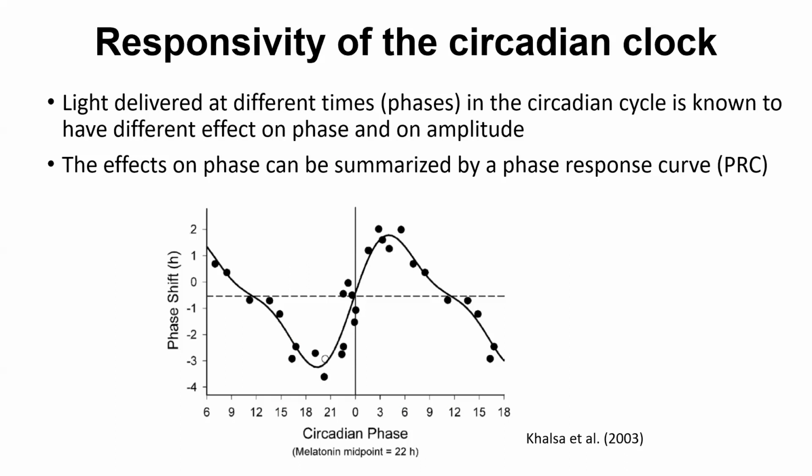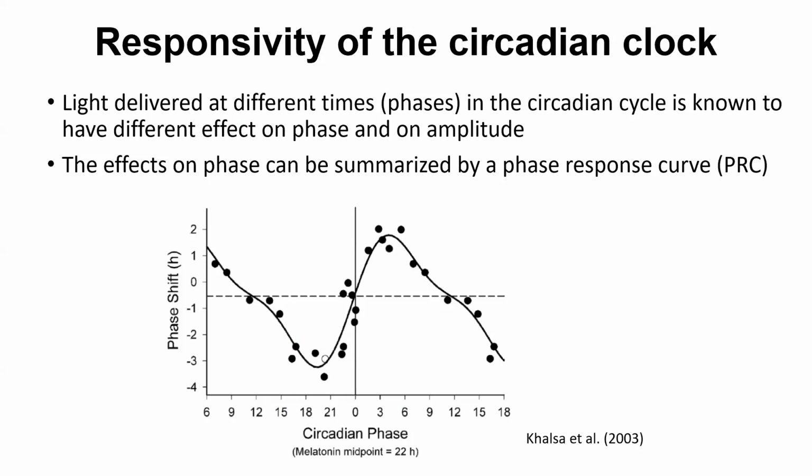So you can see for the human circadian clock, this is the phase response curve for a bright light pulse of 6.5 hours. And what you can see is that you can get an advance up to about 2 hours. So the highest y-axis value is about 2. And you can get a delay of up to about 3 hours using this type of light stimulus. And where the system tends to be the most sensitive is centered around the biological night.